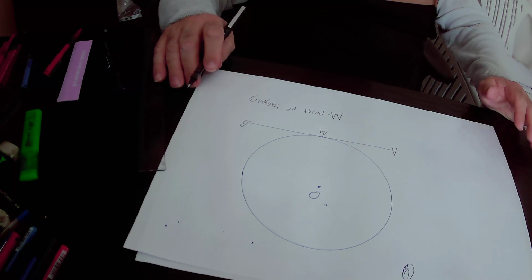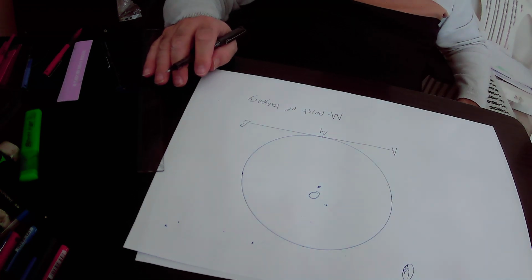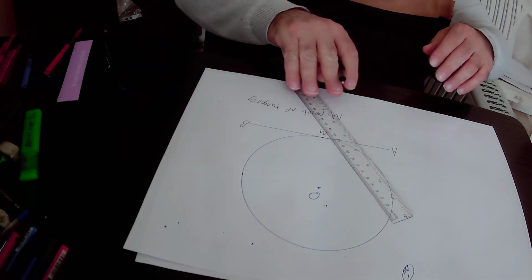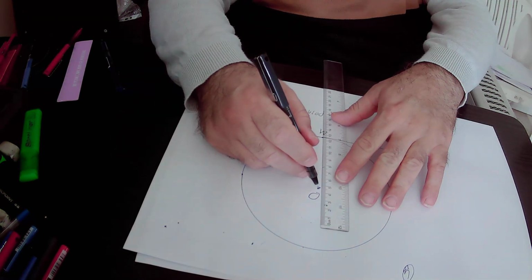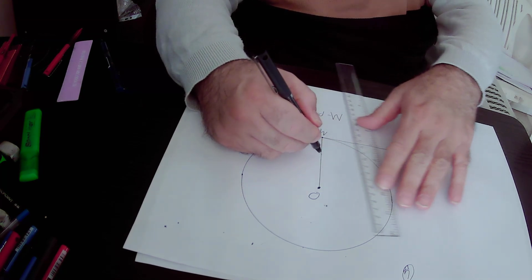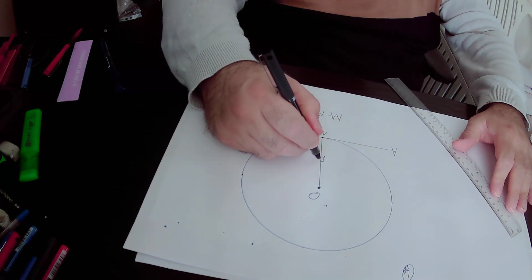And we also have a radius R that starts from point O and ends at point M, the point of tangency.